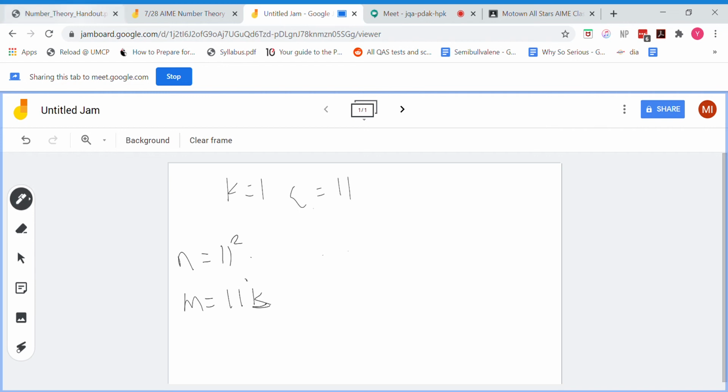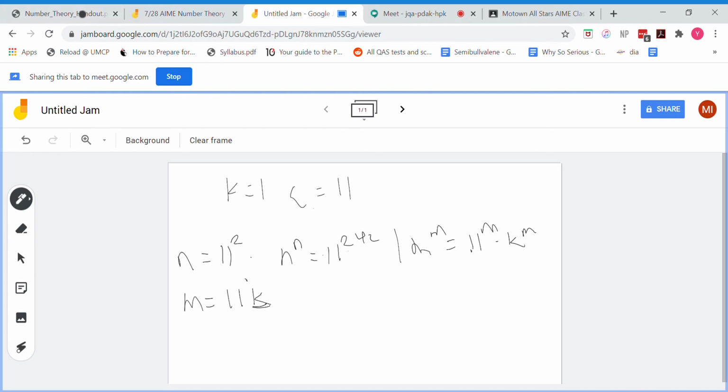So let's consider this possibility. So n is 11 squared, and m is 11 to the power of k. So n to the power of n equals 11 to the power of 242. And this divides m to the power of m. And m to the power of m equals 11 to the power of m times k to the power of m, right?